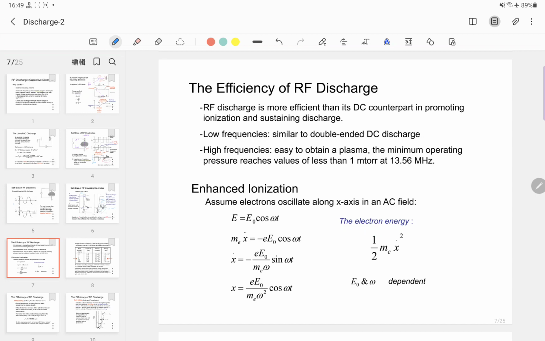And in industry, the typical frequency of the RF power supply is 13.56 megahertz. So if you use an RF power supply with such a frequency, and if you control the gas pressure at 1 millitorr, you can generate plasma easily.